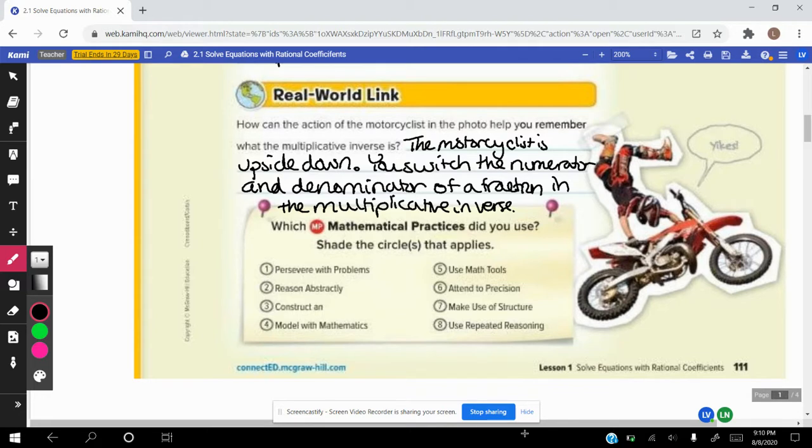So which mathematical practices did you use? Shade the circles that apply. So you're going to take a moment and you're going to fill in whichever of the 8 that you used.